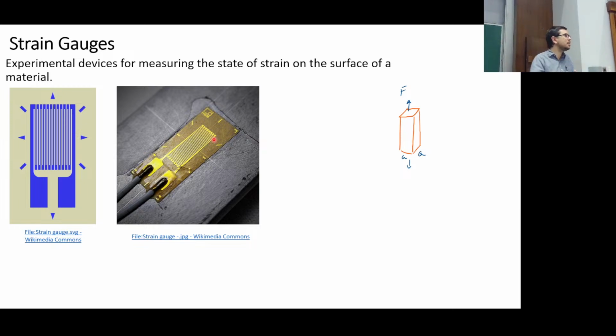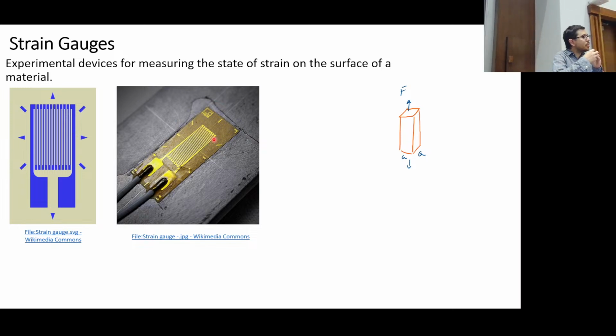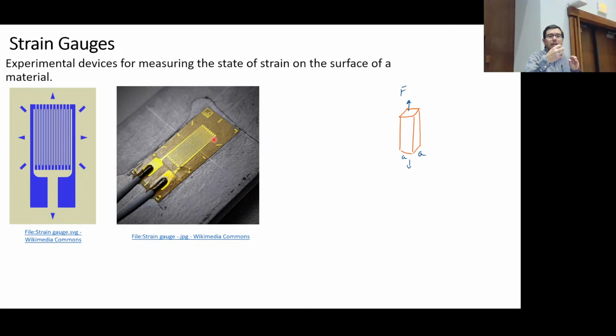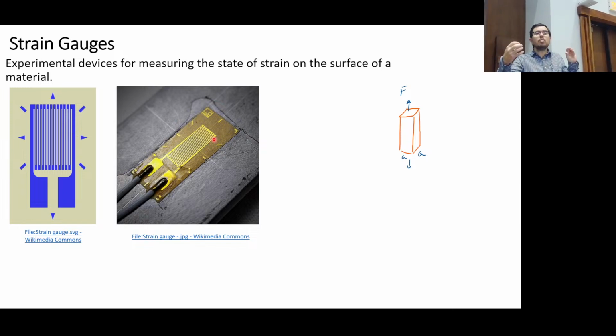Piezoresistive means as I apply a strain to it, it changes its electrical resistance. So what happens when you change the cross-sectional area of a hose and you have water flowing through it and I pinch it? Does the resistance go up or down? It goes way up, right?